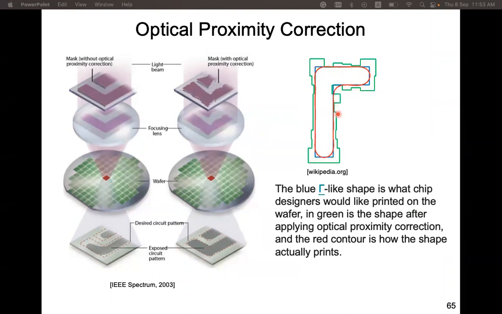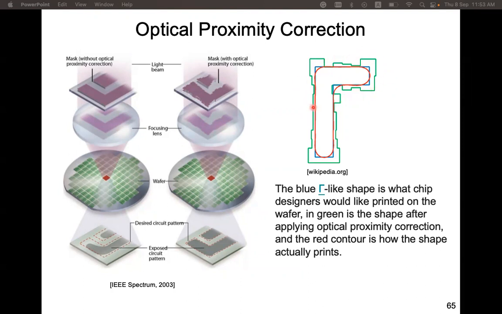This is the one drawn by the physical designer, by the IC designer, the layout designer. And then the green one is the actual mask pattern used in the manufacturing process.